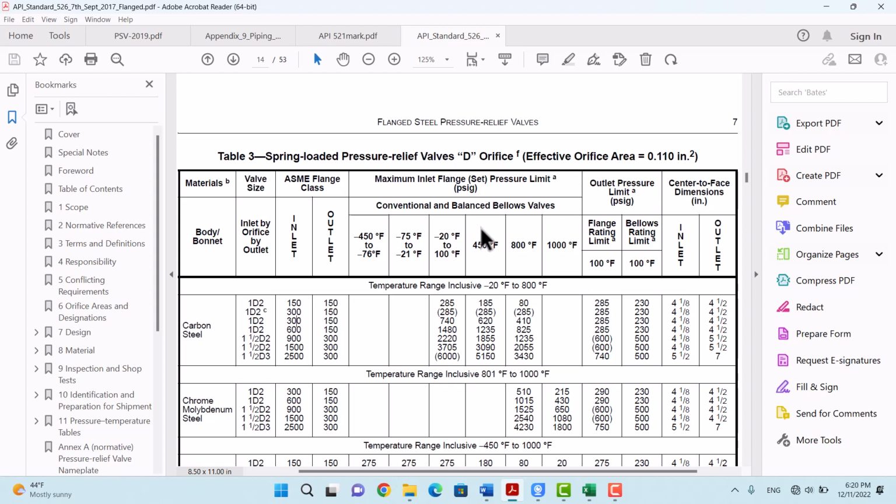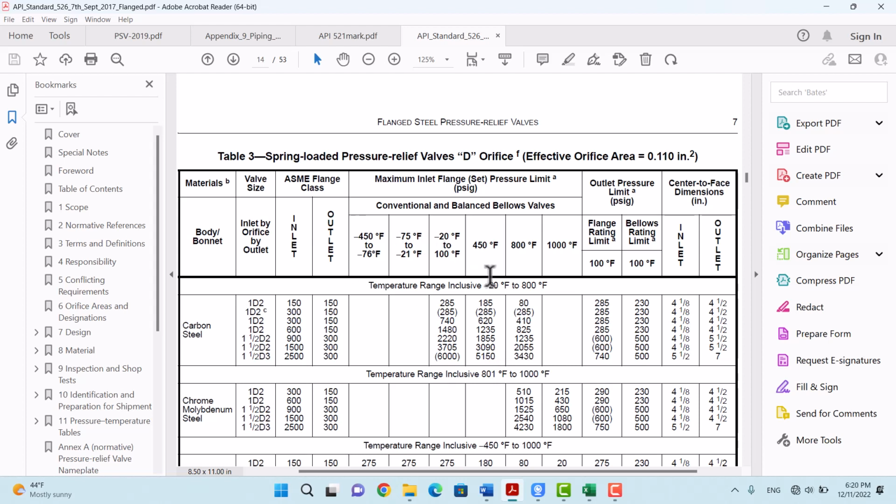Then we have here the maximum inlet flange pressure limits against temperature ratings for conventional and balanced bellows valves. Remember that in other parts of these APIs, we have the tables for pilot operated valves. Here, this table is for conventional and balanced valves. So before going to these tables, you have to determine whether the type of your PSV is a conventional or balanced bellows valve.